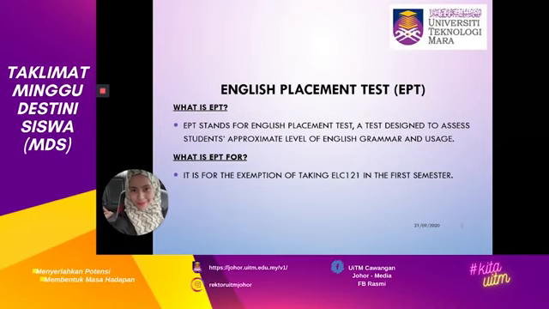Why is that so? Because you have completed all the 2 English courses in the first 2 semesters of your study in UiTM. So, if you take EPT and you pass the test with flying colors, you are going to save 1 semester for English course.